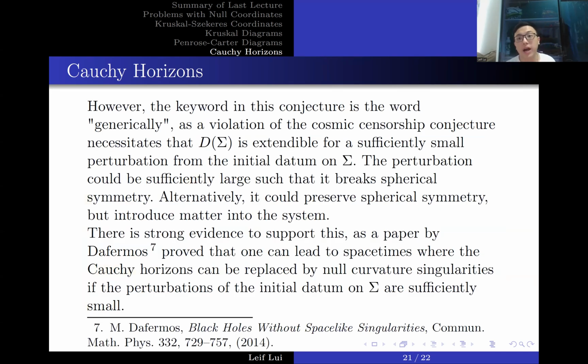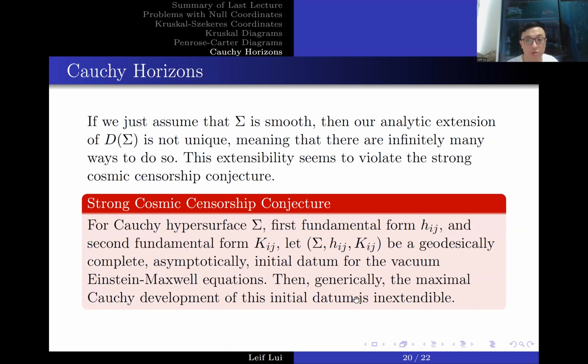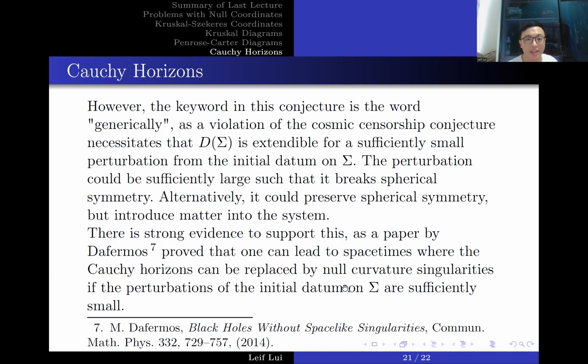You may think that this violates the strong cosmic censorship conjecture, but remember, the conjecture uses the word generically, and this is the key word, because a violation of this conjecture necessitates that D of sigma is extendable for a sufficiently small perturbation of the initial datum on sigma.